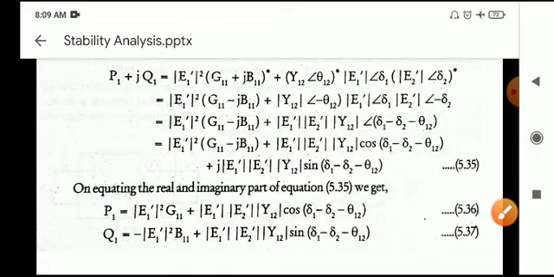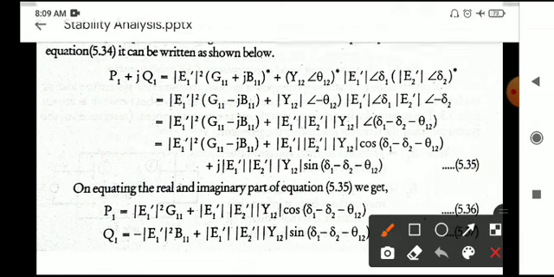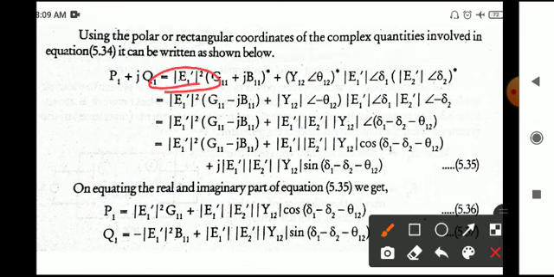So P1 plus jQ1 is equal to modulus of E1' square, that is the magnitude only we are considering, into G11 plus jB11 conjugate, plus, instead of Y12 conjugate, we substitute Y12 angle theta 12 in polar coordinates, conjugate, into modulus of E1' angle delta 1 into modulus of E2' angle delta 2 conjugate.